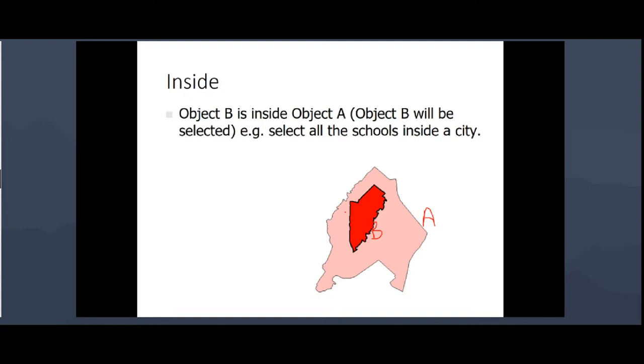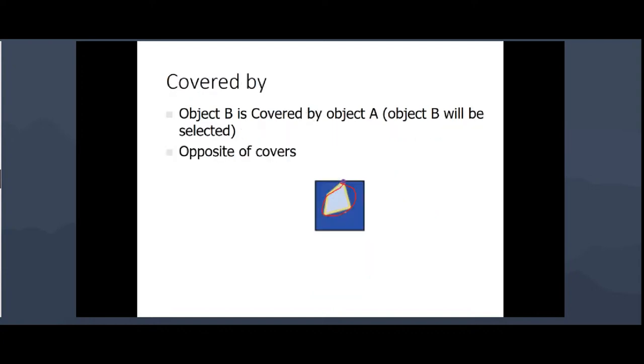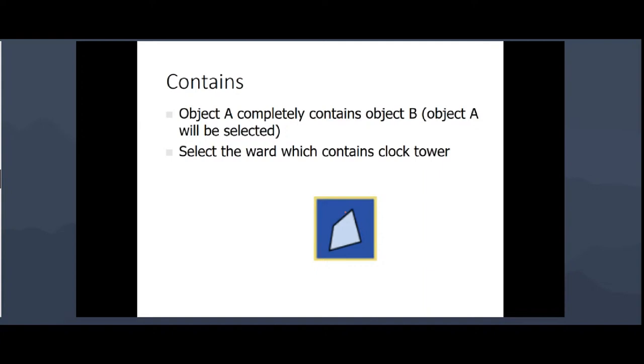Then contains relationship. Just looking at this example, contains and inside look similar, but they are not.